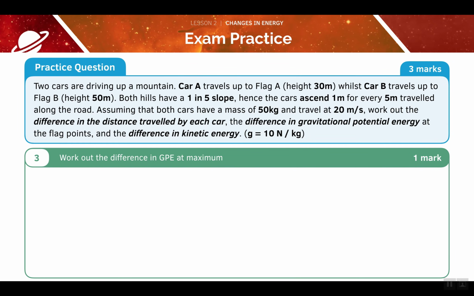Now we can work out the difference in GPE at maximum using the formula GPE equals mgh. We can substitute in the numbers now.